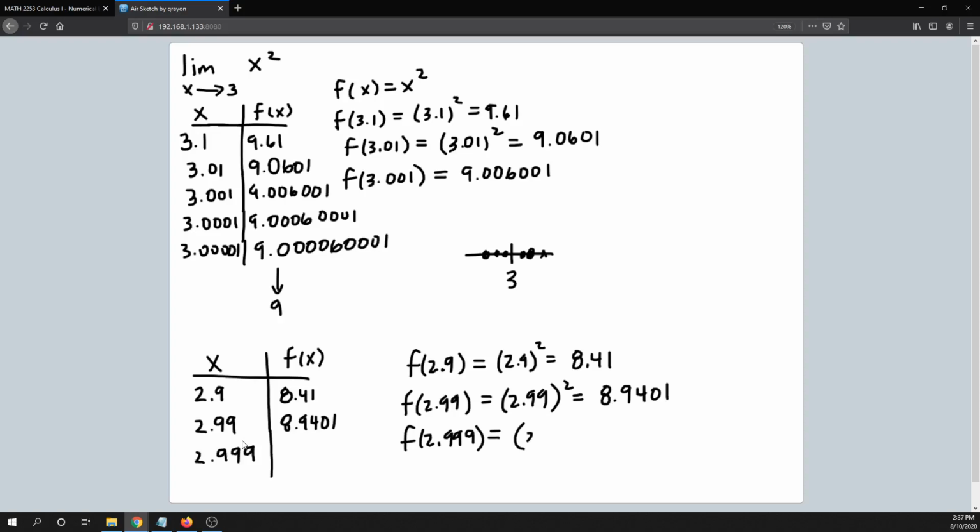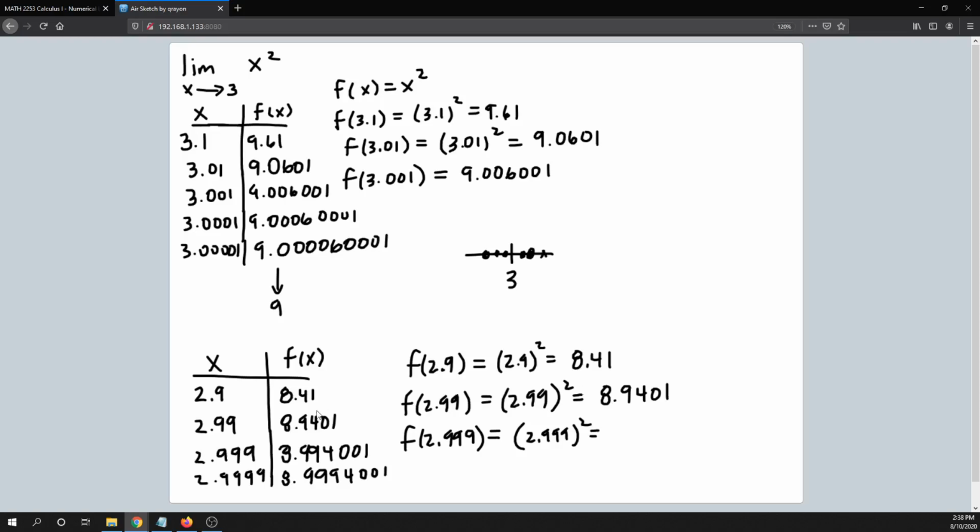So that would be 2.999 squared, which is 8.994001. And do one more because I'm running out of room. That's going to give me 8.999400 1 when I do that.